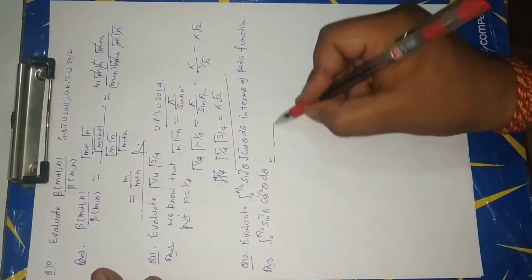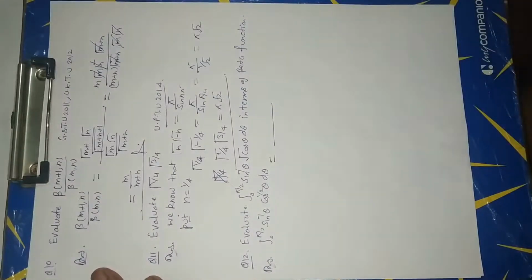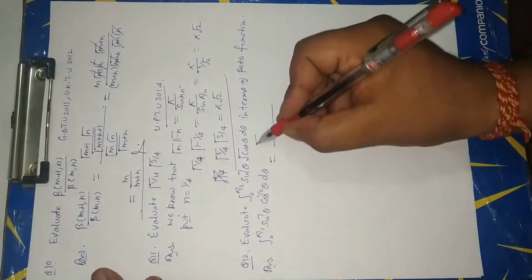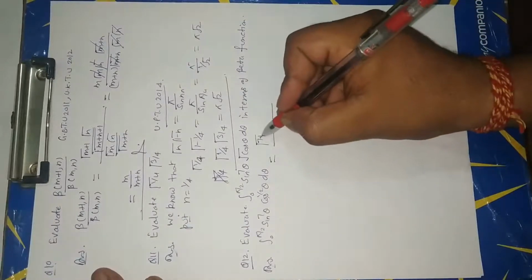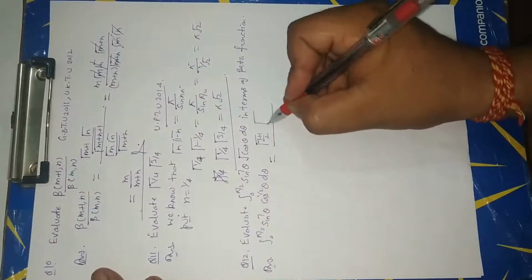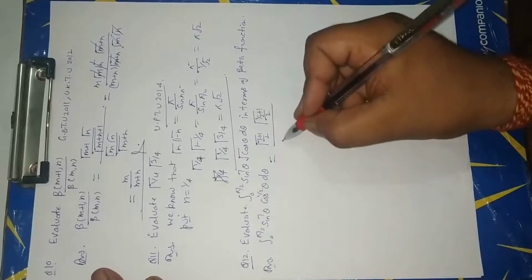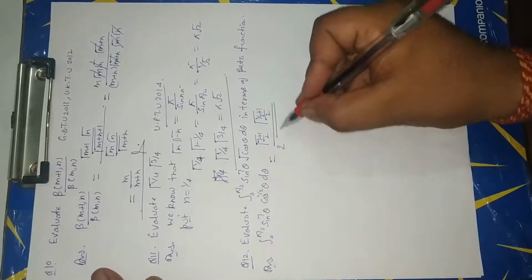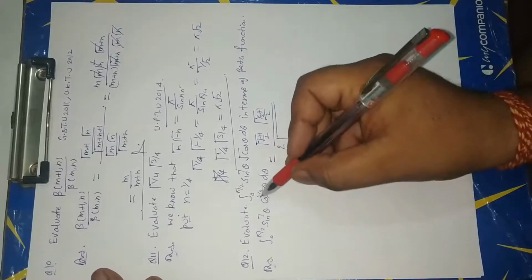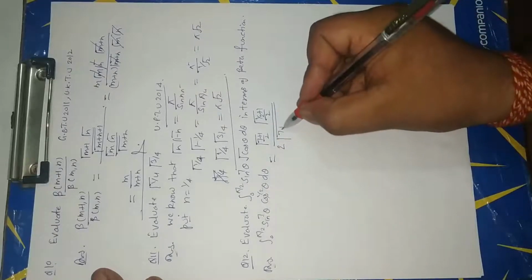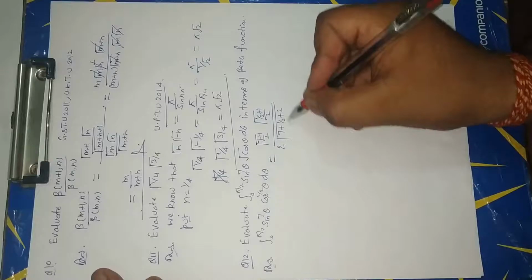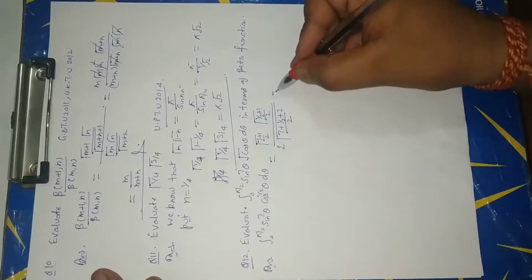Now we use the formula: gamma(power of sin plus 1 upon 2) gamma(power of cos plus 1 upon 2) upon 2 gamma(sum of both powers plus 2 upon 2).